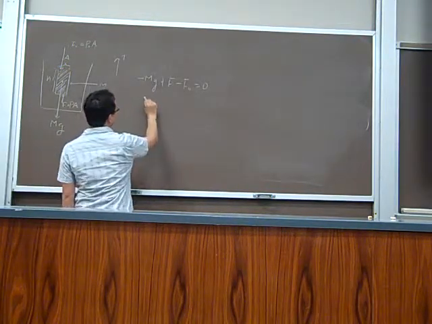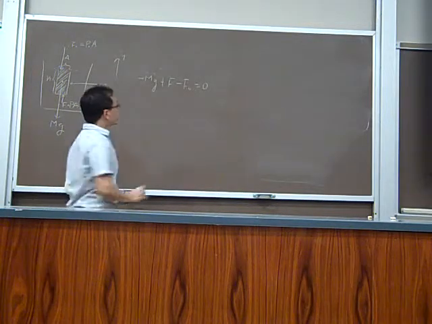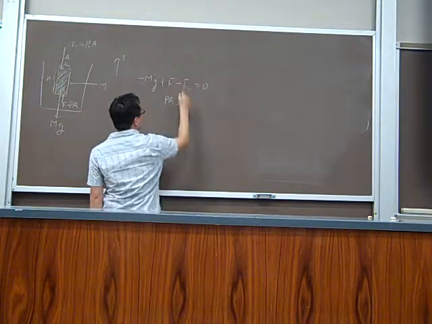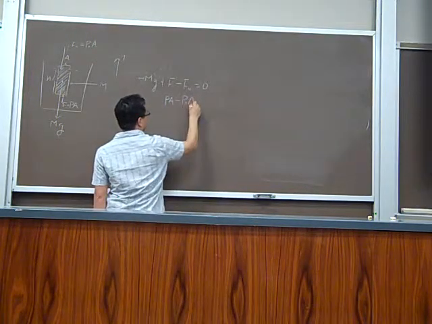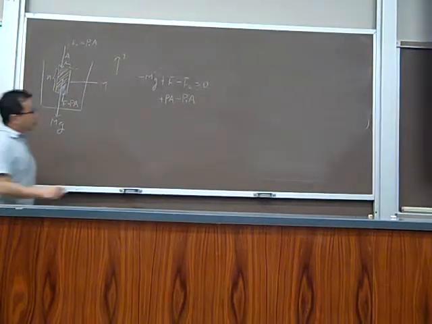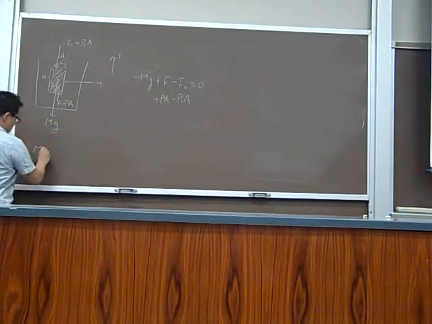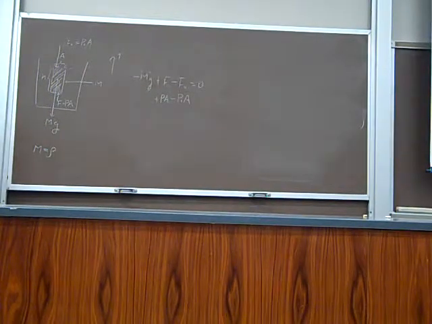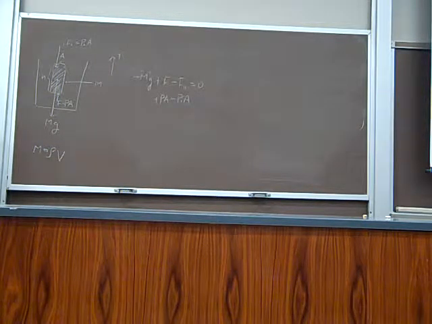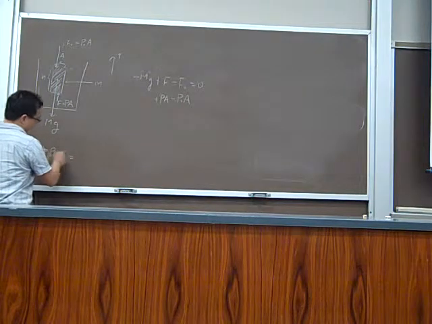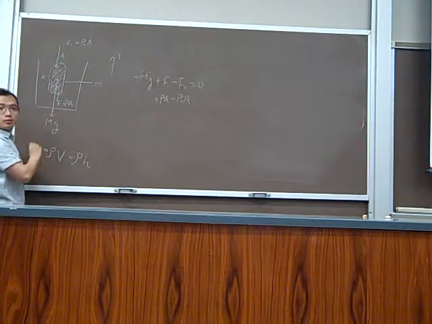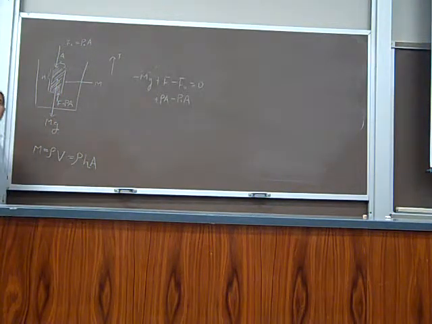And then let's rewrite these quantities. This one is P multiplied by A. This one is P naught multiplied by A. Okay. Now, how about mg? The mass m equals the density multiplied by the volume, right? And the volume can be written as the height multiplied by the cross-sectional area.